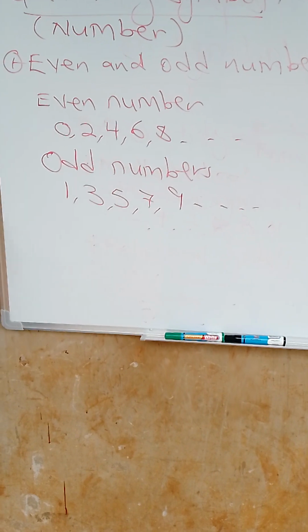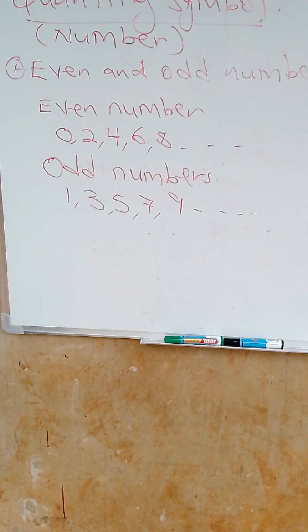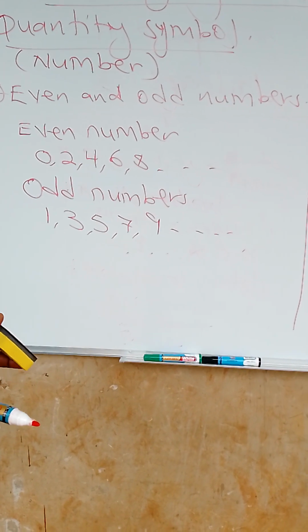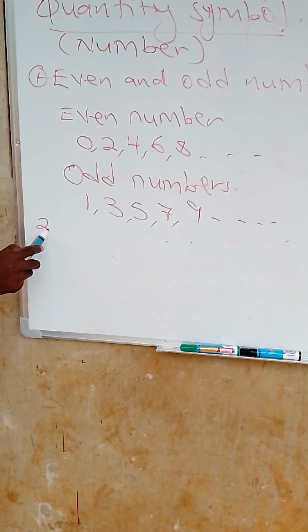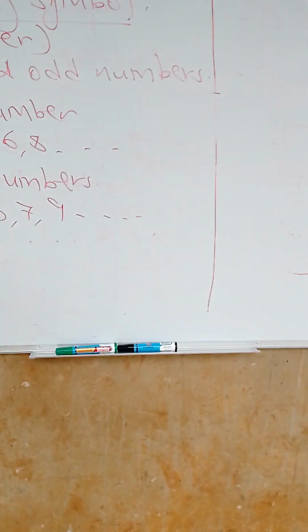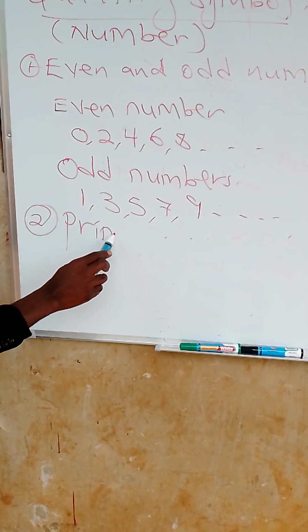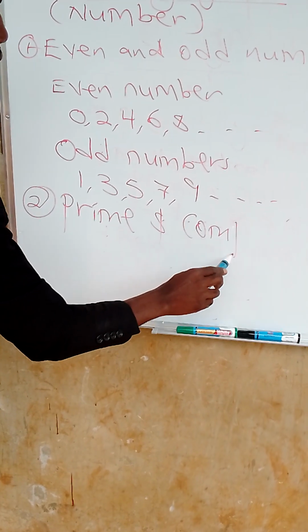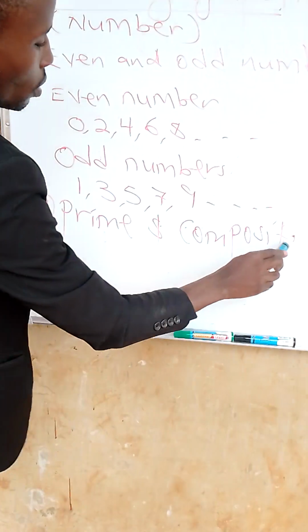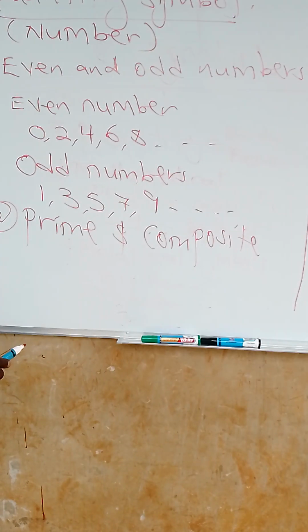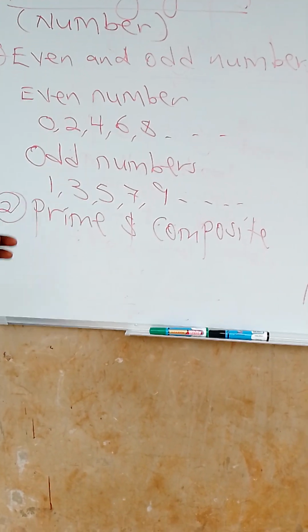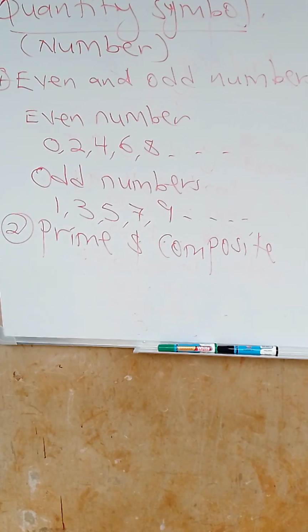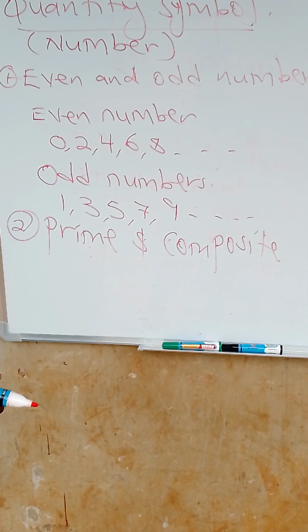The second bunch of numbers is what we call prime numbers and composite numbers. Prime numbers are divided by only 2 factors.